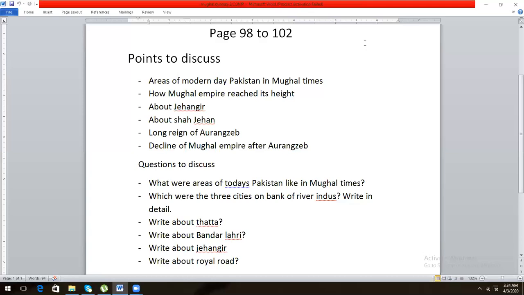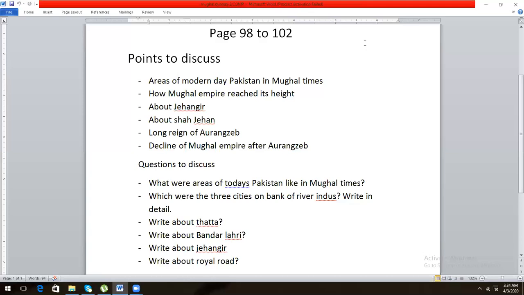The rulers of these 3 towns, Bhakkar, Sakhar and Lori, were rivals of Thatha and made contact with the Portuguese and asked them to attack Thatha. Why did they attack? Because they were rivals of Thatha.